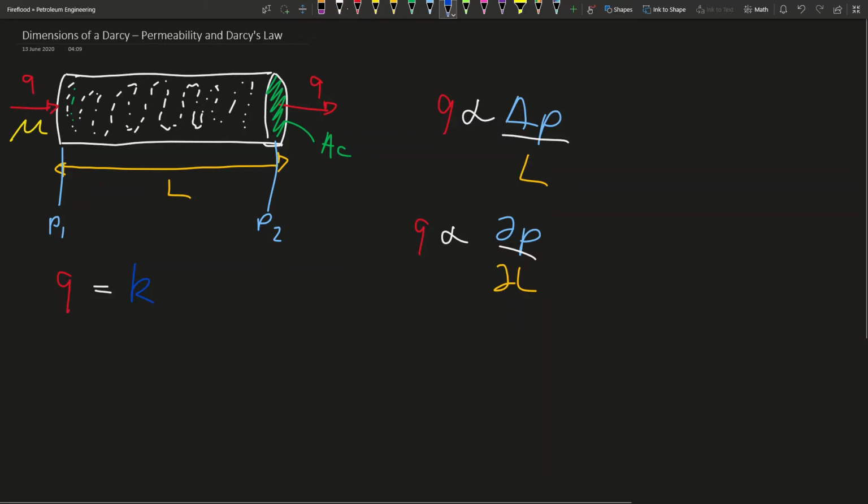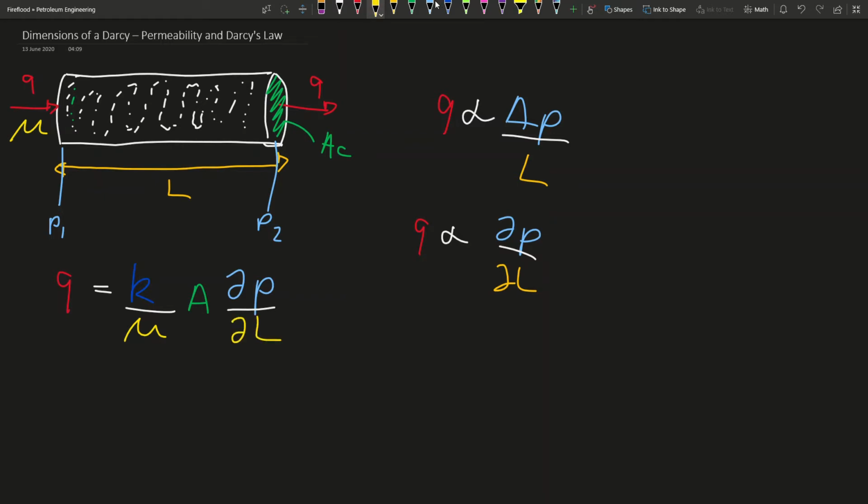Q equals K over mu times the cross-sectional area to flow A times the pressure gradient, so ∂P over ∂L.